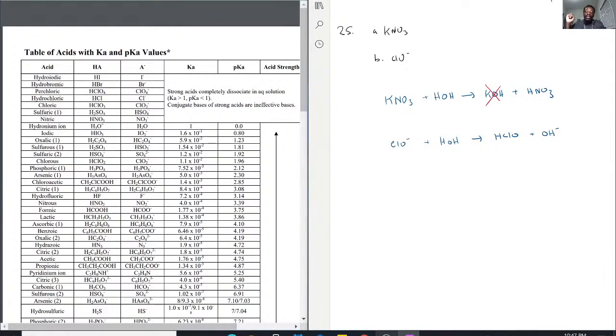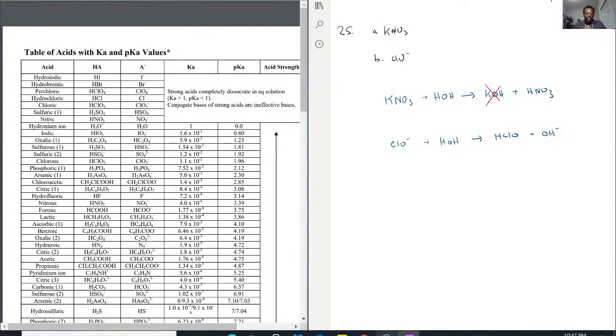Strong base means that even though I've written KOH there, potassium has literally no business wanting to be with the hydroxide again. That's what it means to be a strong base. It dissociates completely, so even if they're floating in the same water, the potassium and hydroxide will not rebond together. They'd rather stay separate.